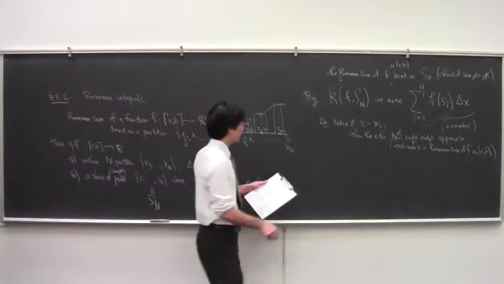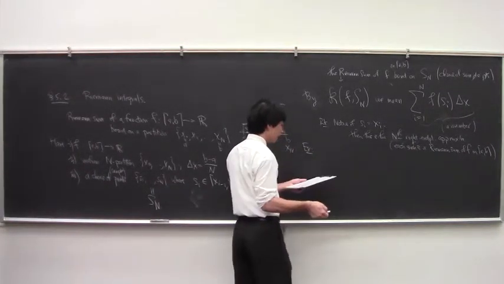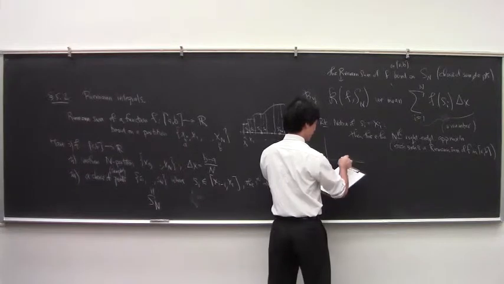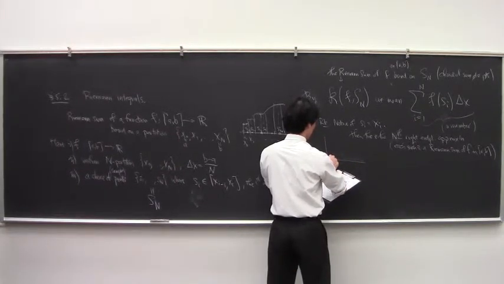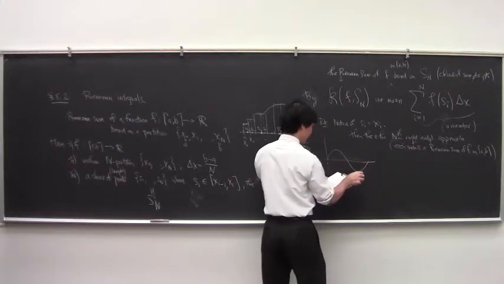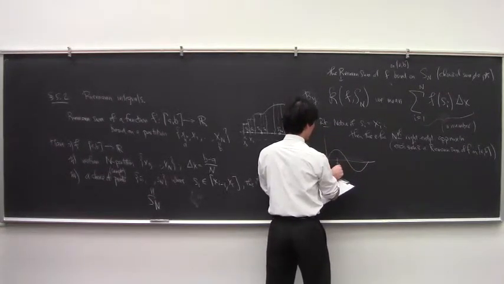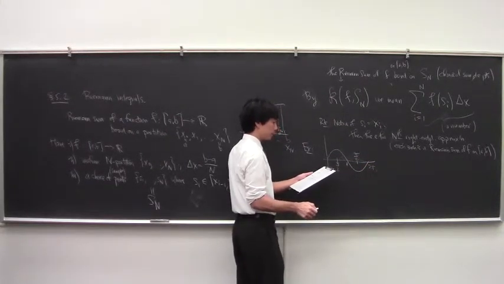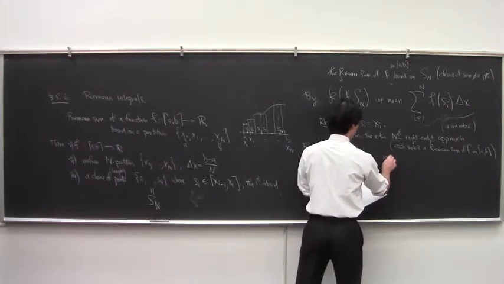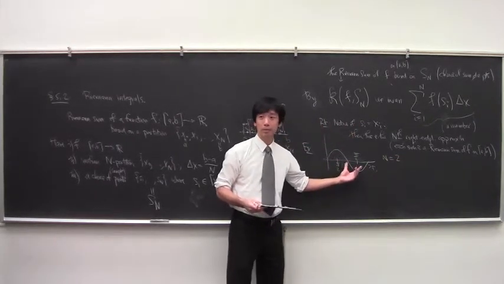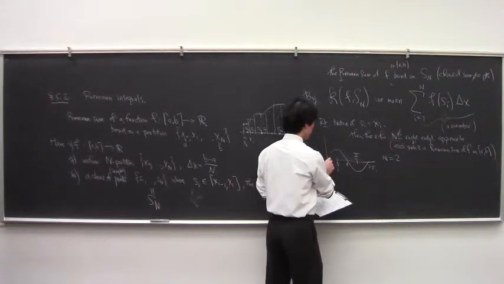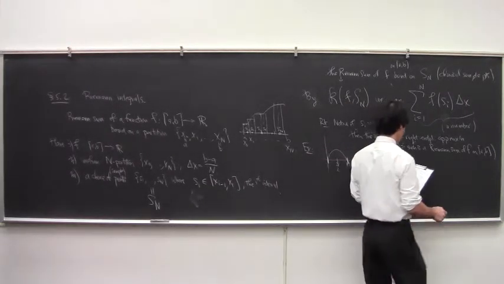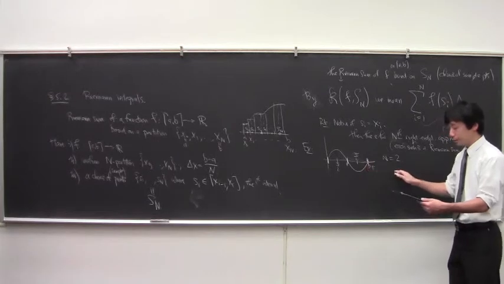Okay. But you can do other things, right? You can sample basically however you feel like. For example, if I take the sine function and take a Riemann sum based on partitioning the base into two parts, then you can choose your sample points as you like.